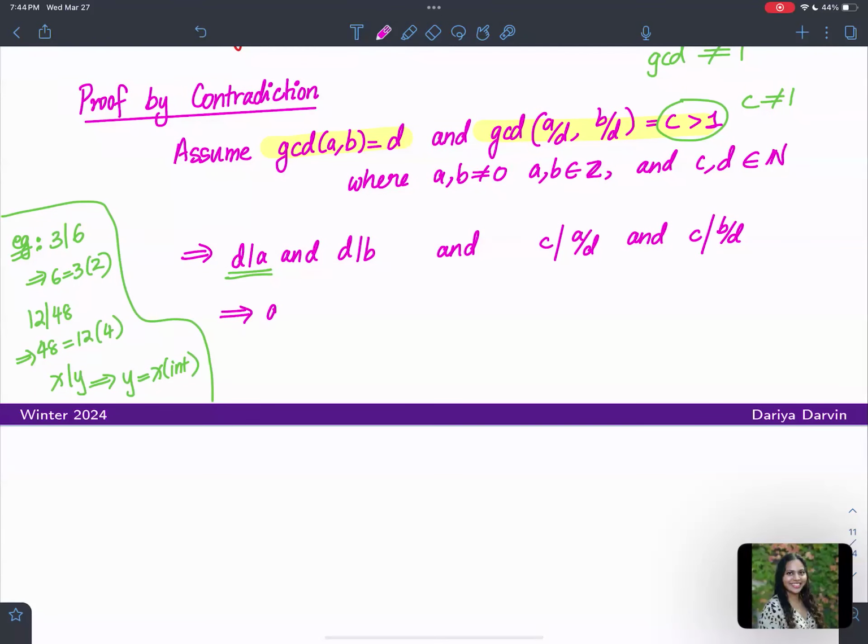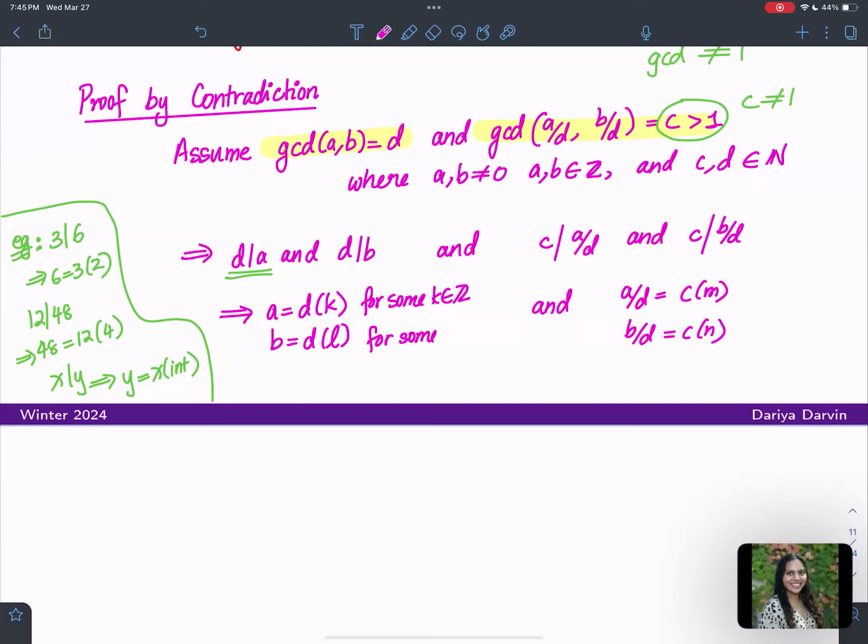So this means A is D times K and B is D times L. And on the other side, we have A by D equals C times M. B by D is C times N, for some K in the integers, for some L in the integers, for some M in the integers.